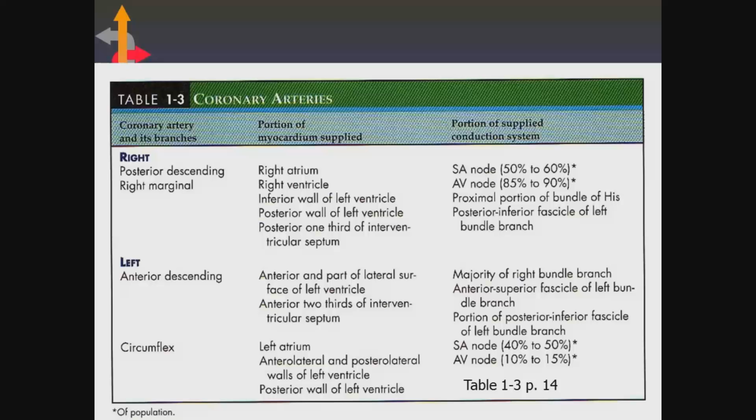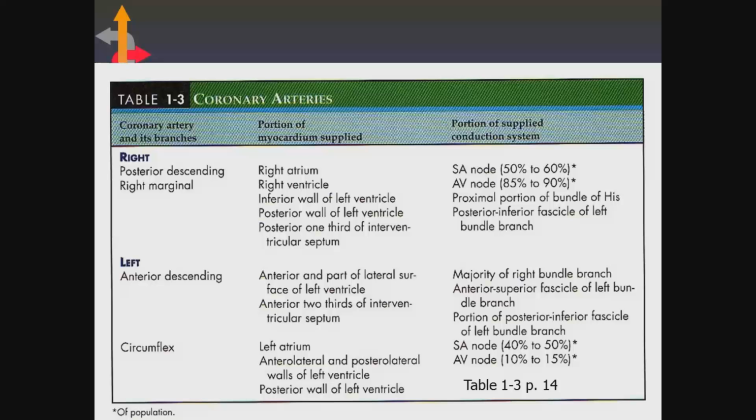It also feeds the right bundle branch and a good portion of the left bundle branch. And this is the one that, when it gets damaged or occluded, causes massive loss of blood pressure. Cardiogenic shock is secondary to a left anterior descending being occluded, because the anterior wall is where the ventricle generates all of its power from.